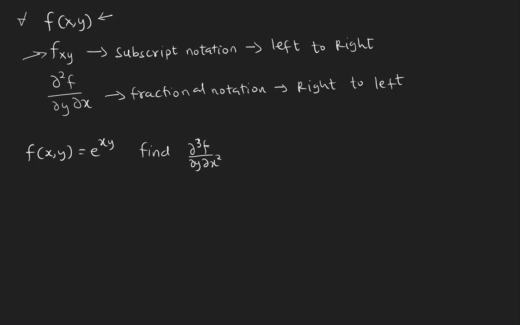You know that for fractional notation we differentiate from the right to left. So I'm going to differentiate first with respect to x, then with respect to x again, and then finally with respect to y.